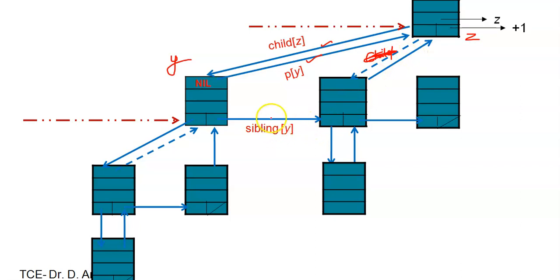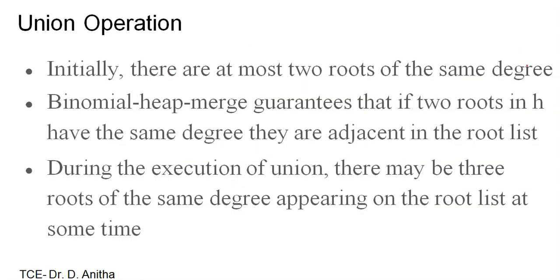So parent of y is assigned first, then sibling is assigned second, and after that the child is assigned, and you increment the number of children. Hope you understand how these steps come about when you connect y with z. This is how your binomial link operation takes place.